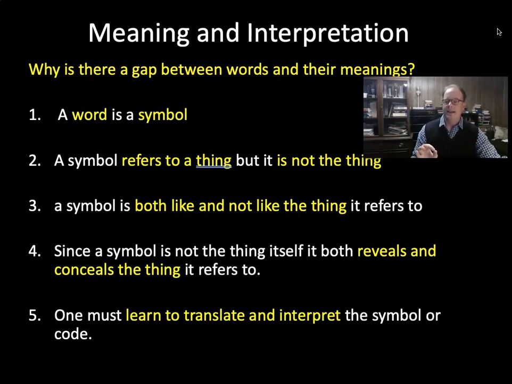It is like the thing, right? An image of Jesus is not Jesus. And if you mistakenly took that image for Jesus, you would not be understanding properly the relationship between the symbol and the thing, right?